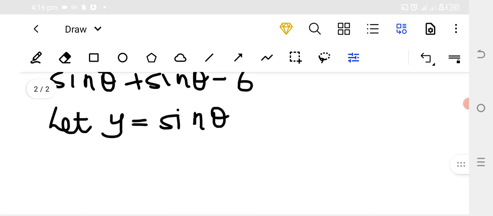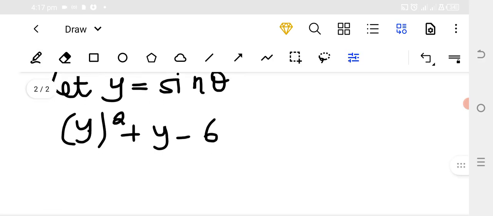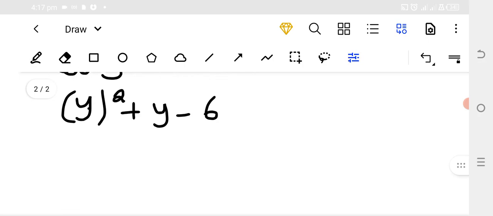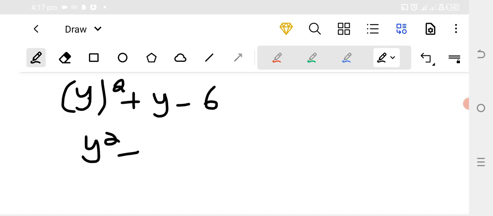So here, in place of sine theta we put y, so it will be y to the power 2 plus y minus 6.